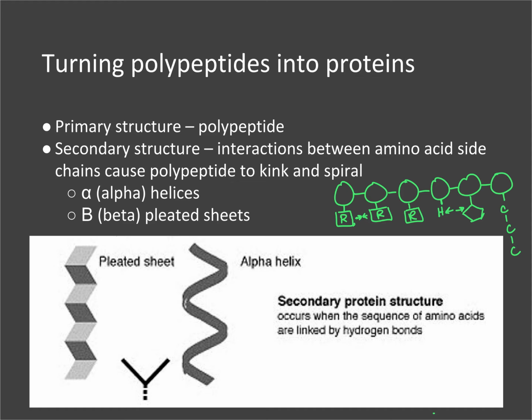The secondary structure is these amino acids starting to fold into either what we call pleated sheets, which are called beta pleated sheets, and that's the Greek letter beta, or these spirals called alpha helices. So that's just these amino acids starting to fold into these different shapes.